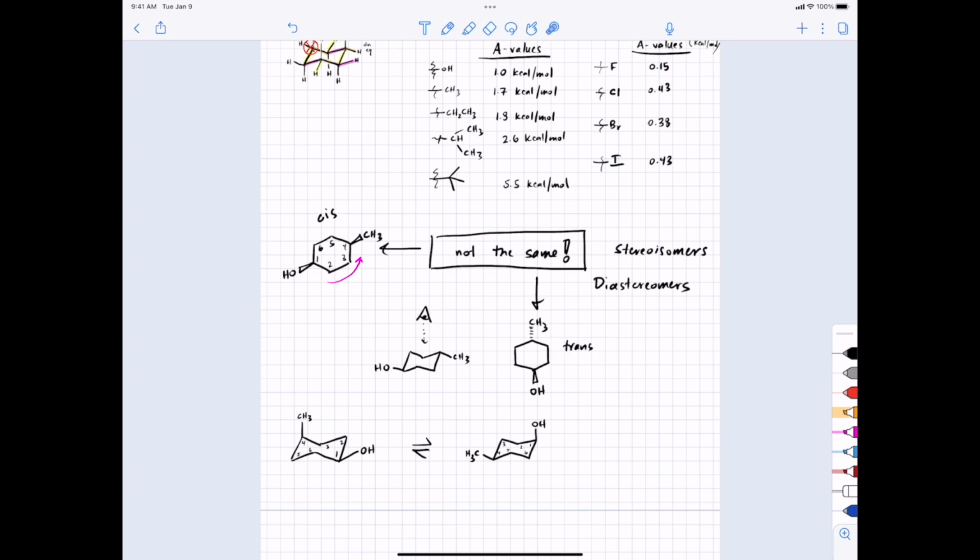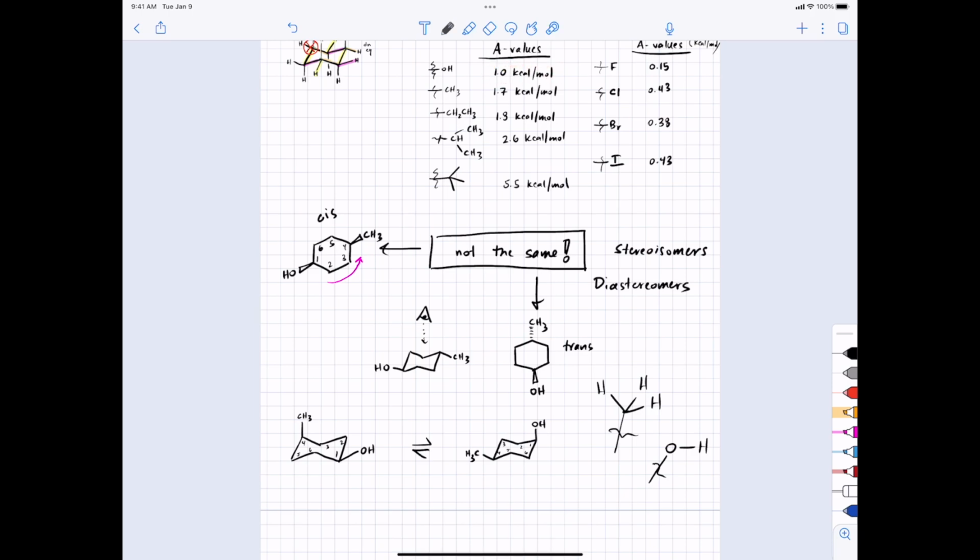So to do this, you can either have an intuitive feel for size. For example, the methyl group has 3 atoms attached to the thing that's attached to the ring, whereas the OH group only has 1 atom attached to the thing that's on the ring. So it ought to be easier for the OH hydrogen to get out of the way than it is for any of the methyl hydrogens to get out of the way. And that's reflected in these A values, where we learn that the penalty for having methyl axial is worse than the penalty for having OH axial.